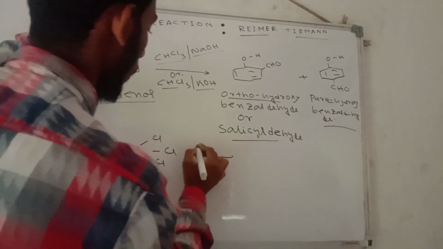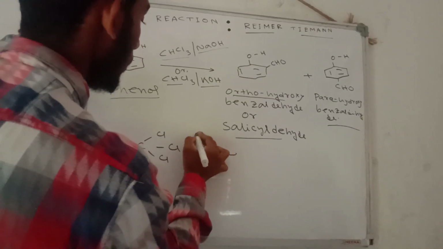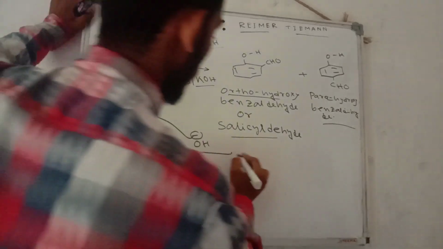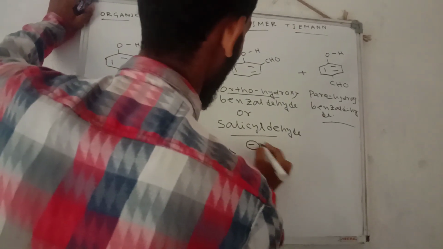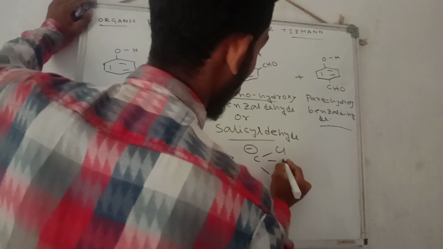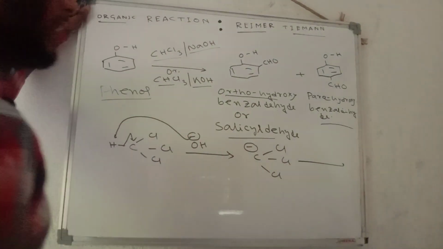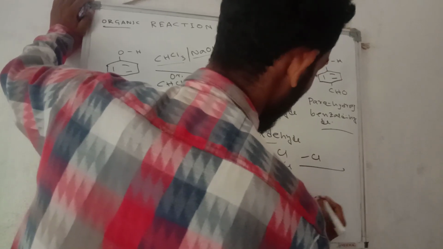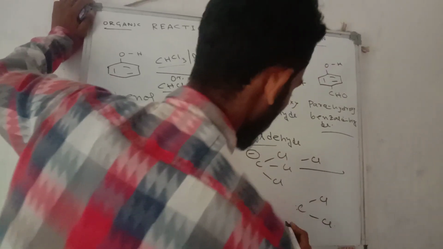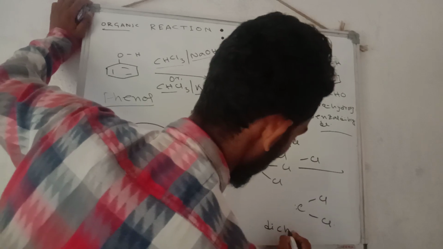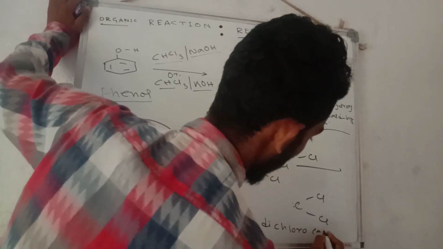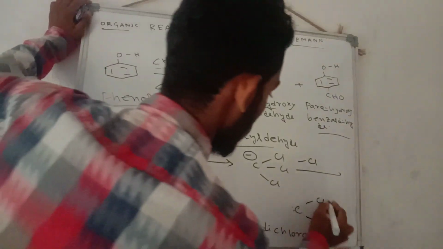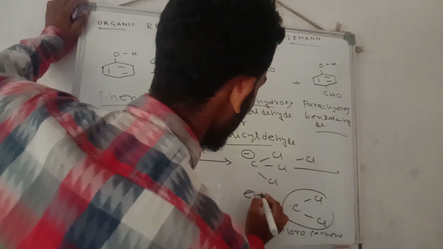First of all, the hydroxyl ion picks up the acidic hydrogen of the chloroform, and then one chlorine atom leaves, and we get dichlorocarbene. This is the dichlorocarbene. It is the electrophile of this reaction.